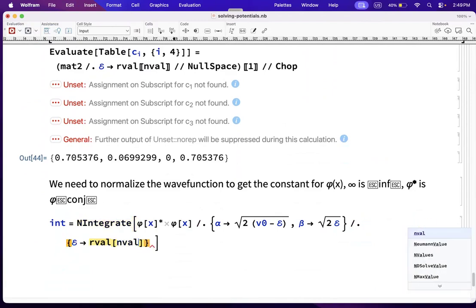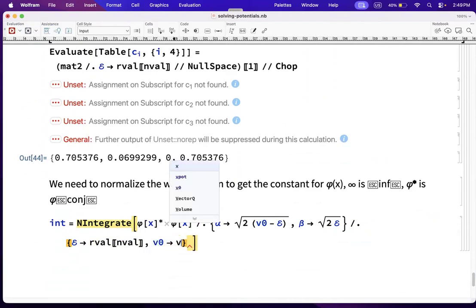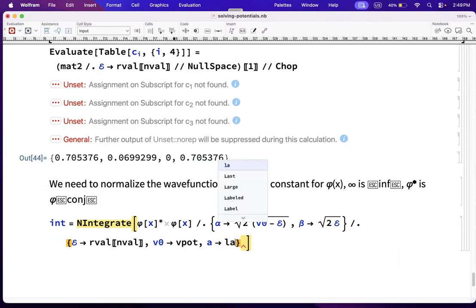With double brackets, right? Comma. And we have B0 is b pot. Everything with small letters, no capital letters. And a is la, right?